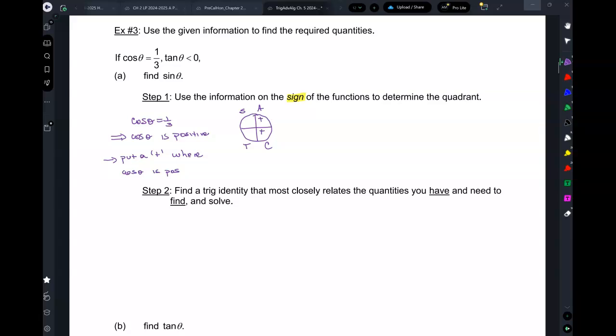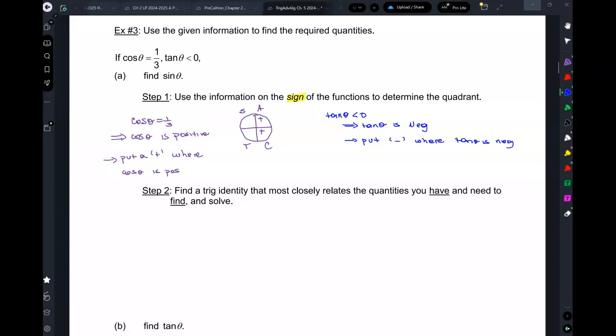Second thing we're told is tangent of theta is less than 0. This means tangent of theta is negative. So now you put a negative where tangent is negative.